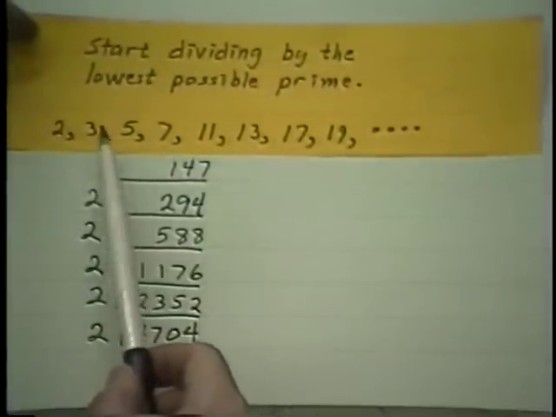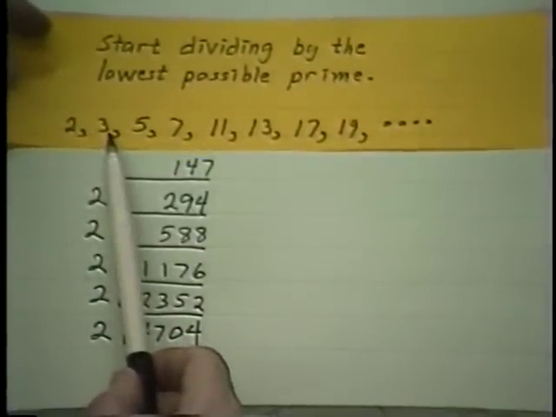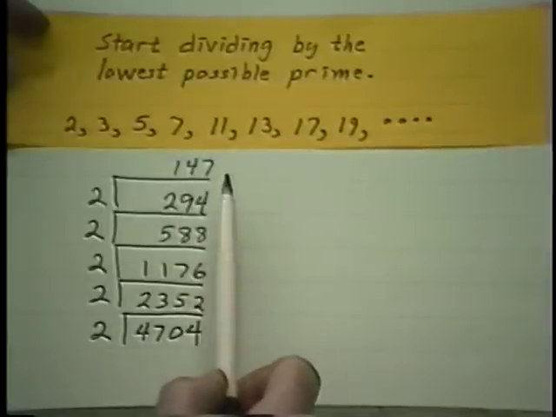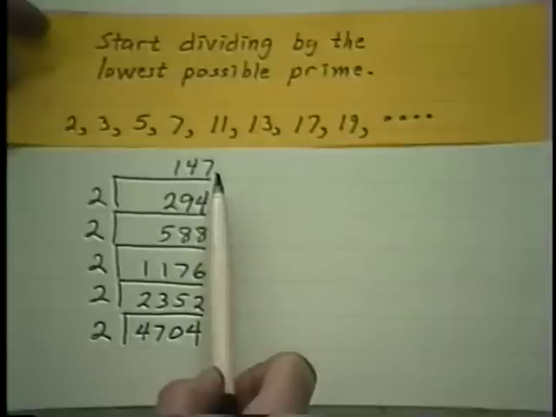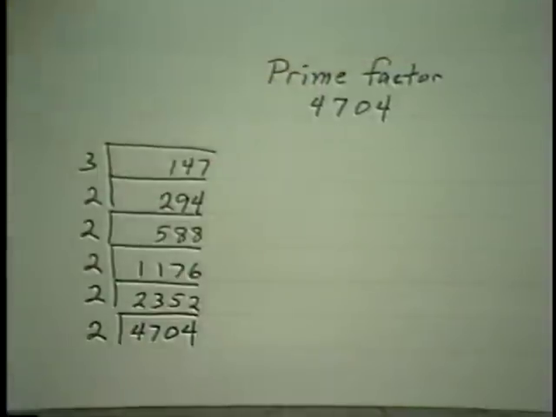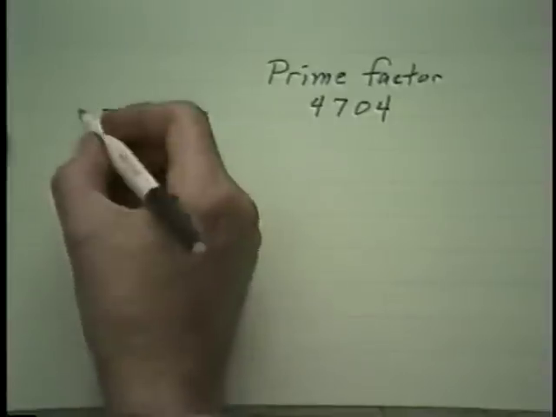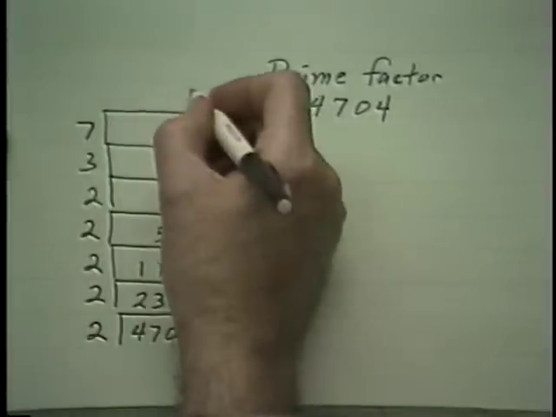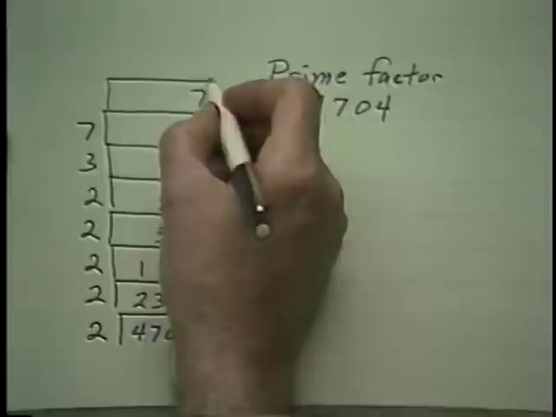So I go to the next lowest number in my prime list, which is 3, and do a divisibility test. 1 and 4 is 5 and 7 is 12. 3 goes into that, so 3 goes into 147. So doing that, I get 49, which I can now simply see has a divisor of 7, and a second factor of 7, which tells me 7 goes in again.